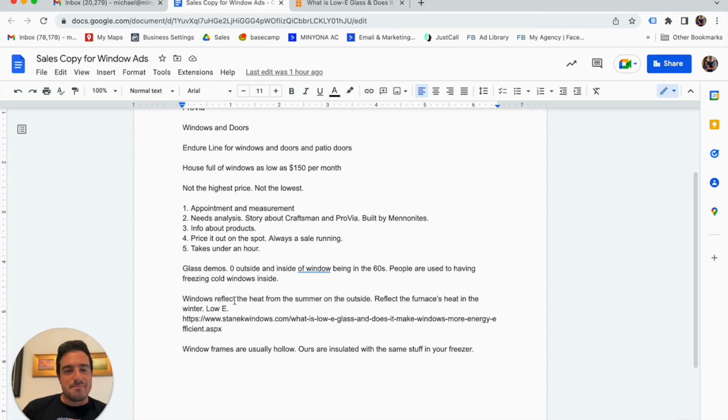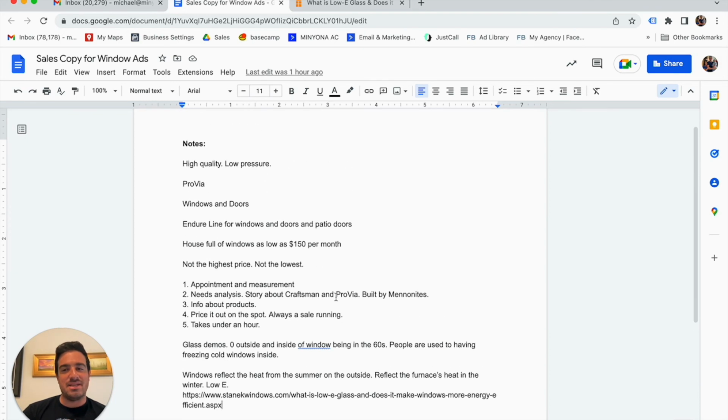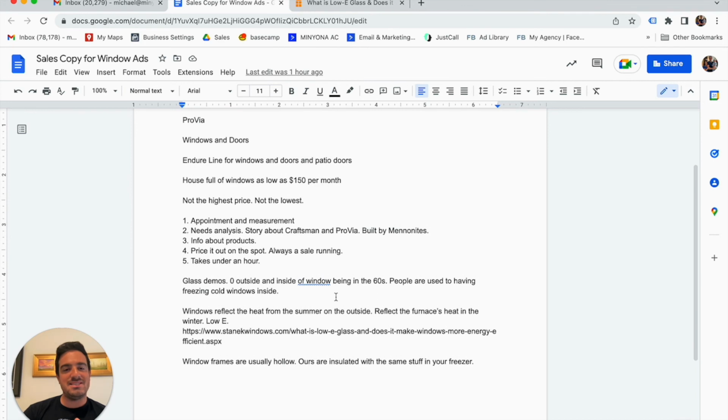But here's the thing, and this is what I was going to mention as far as the glass demo here as well. It doesn't matter that a lot of windows or most windows have this low E technology. It doesn't matter that it's not necessarily unique to the windows he's selling, because he doesn't have to mention that it's in every single window or it's in most windows and it's not that unique a thing.